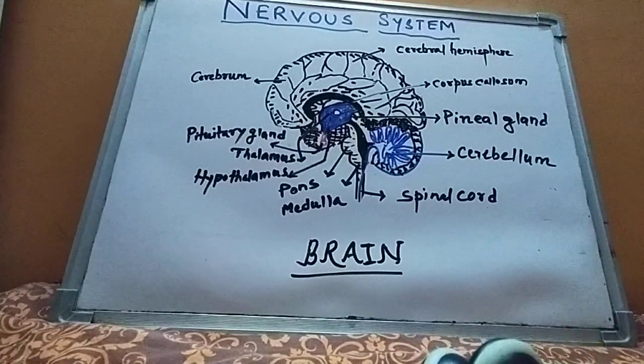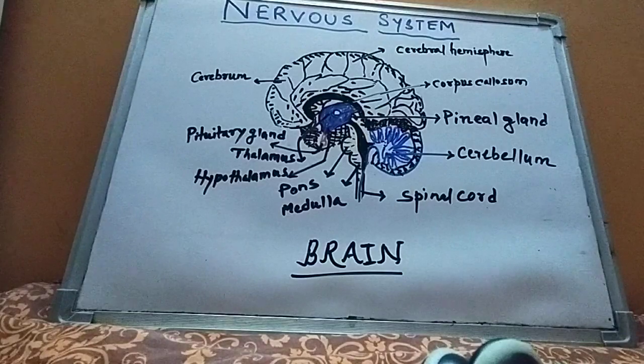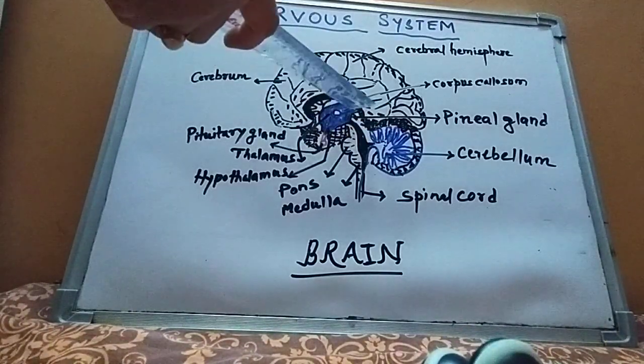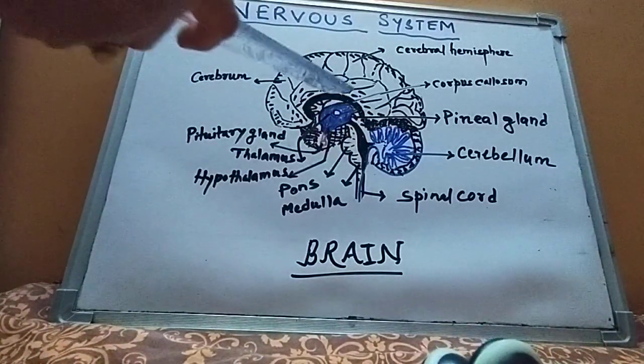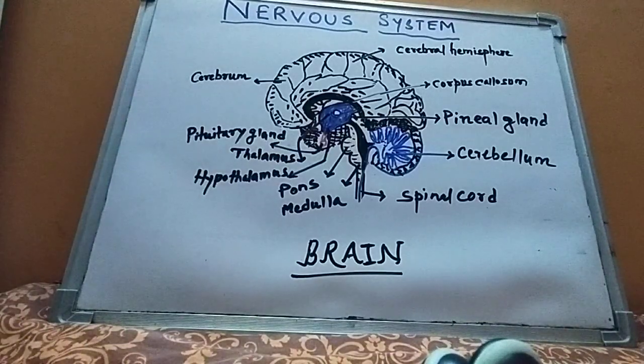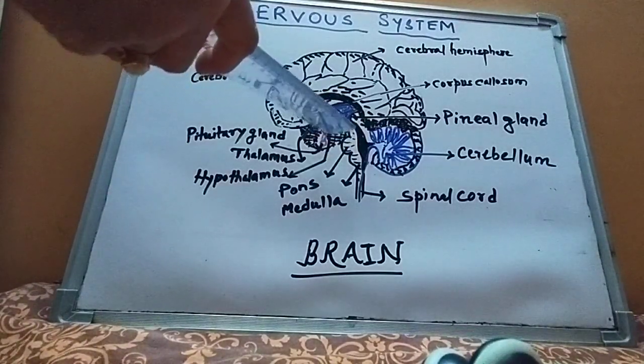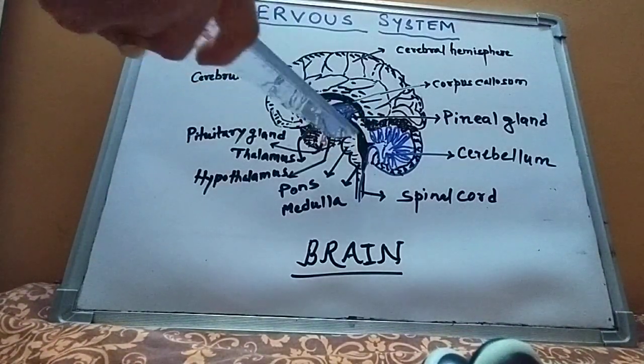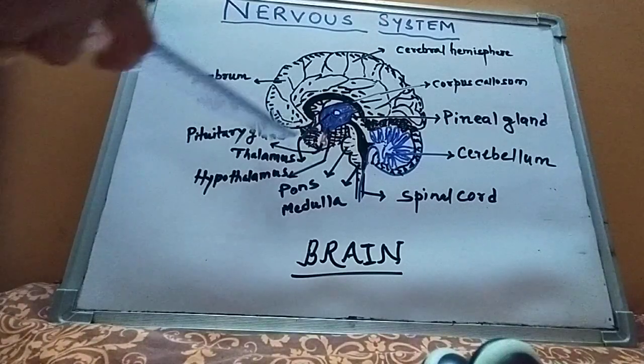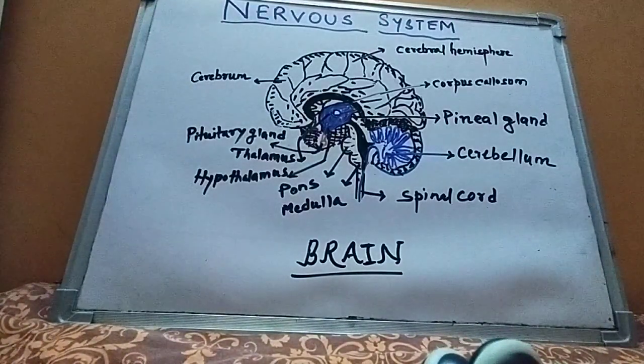Next, under the cerebrum, under the forebrain, there is the thalamus, which you can see here, and below thalamus there is a structure called hypothalamus. And just below the hypothalamus, at the base of the midbrain, there is a structure called pituitary gland, which is the master endocrine gland.